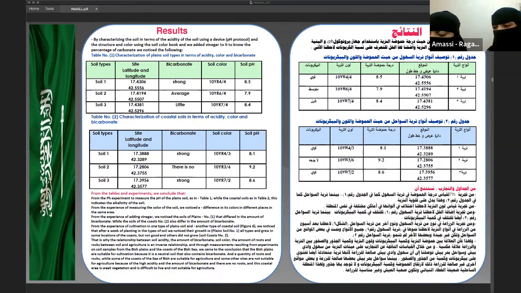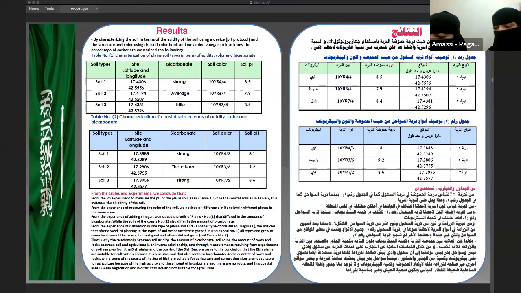And we knew that the soil of Wadi Besh is suitable for agriculture because it's natural.